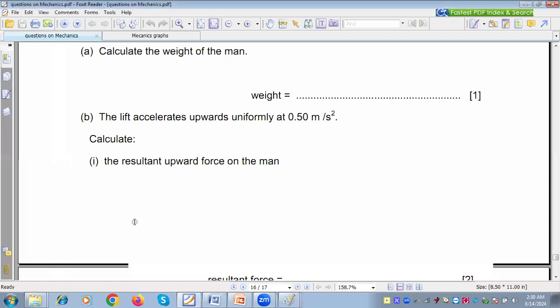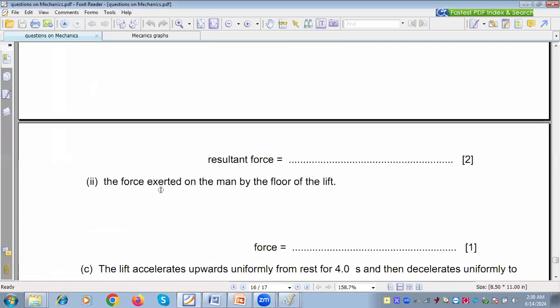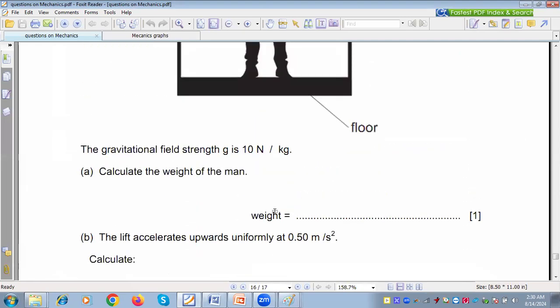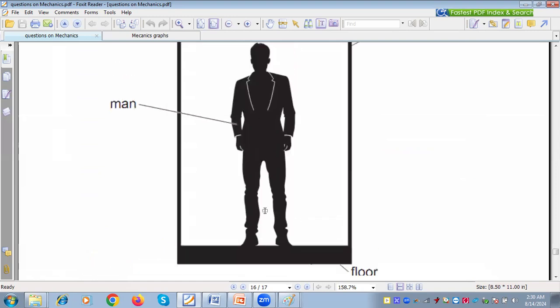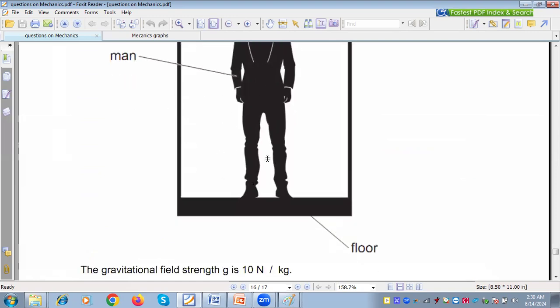Let us see the next part. The force exerted on the man by the floor of the lift. Okay. If the lift moves at a constant speed, upward force will be equal to downward force. But the lift is accelerating, that is going upwards, and the resultant force is acting in upward direction. What was the resultant? Upwards.